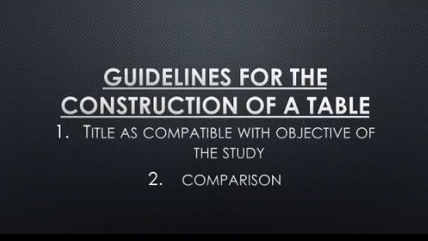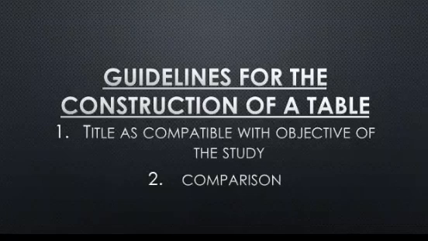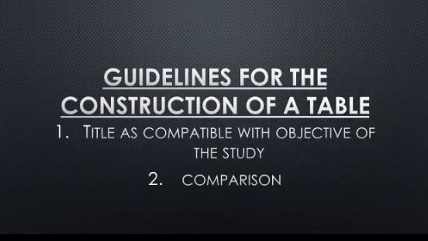We did in the previous lecture the components of a table, and there we discussed the title. So here point number 1 is telling you that the title should match the objective of the study. It should not be that the objective of your study is different and the title is not supporting your objective.